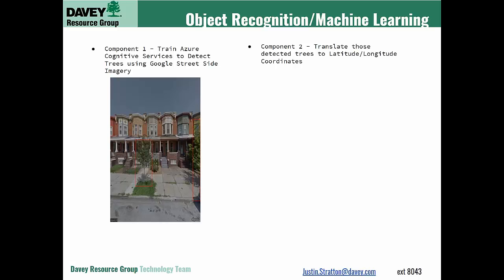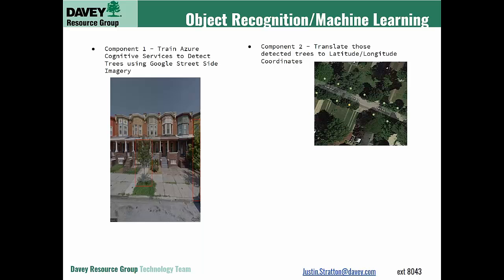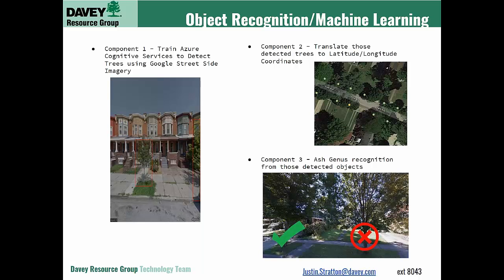Component two was then to take those derived boxes and generate a map of those points, where those trees are located on the earth so we can use GIS systems for it. And then finally, component three is, could we identify ash trees? After we identify that tree and place it on a map, could we also at least get an ash genus recognition from it? So these three components were the objectives of the engagement with CEI and Microsoft.